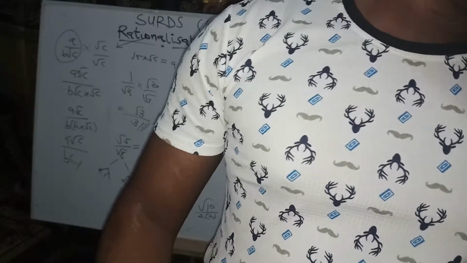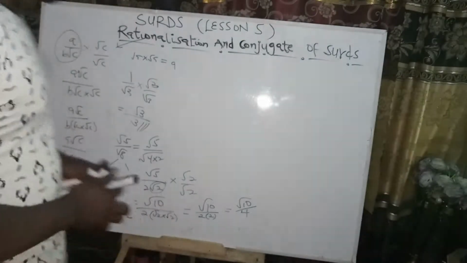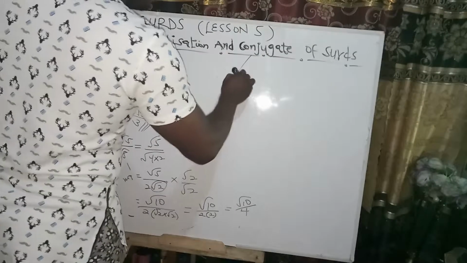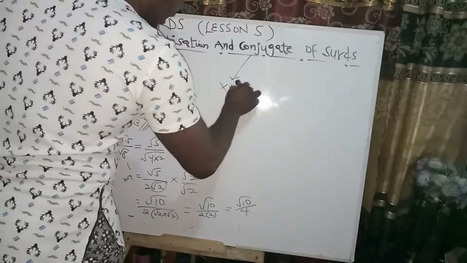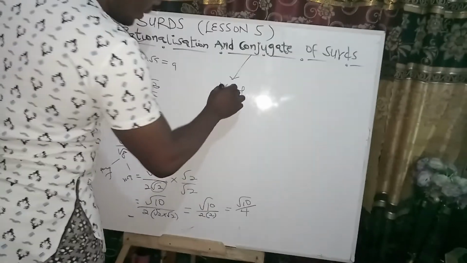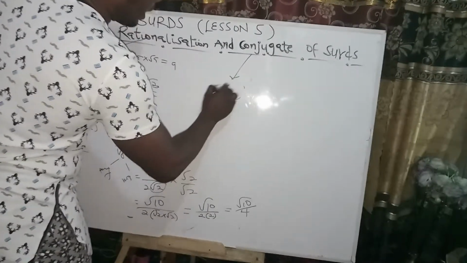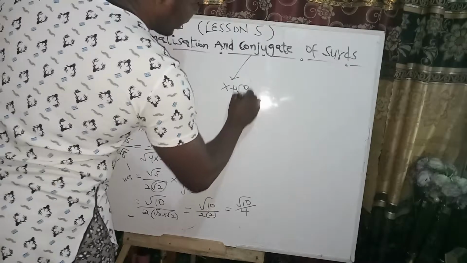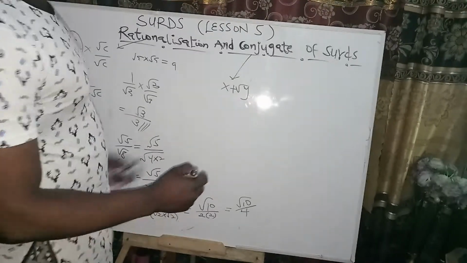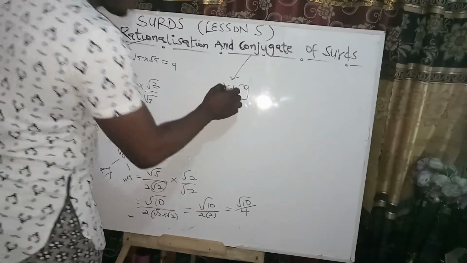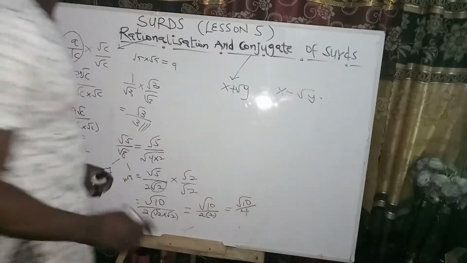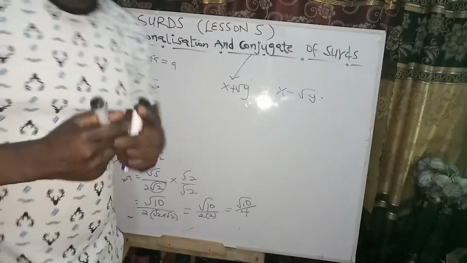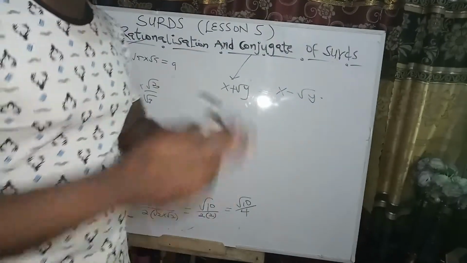So for instance, when I have x plus root y, when they say I should find the conjugate of this, the conjugate is going to be x minus root y. So simple. So changing the sign between 2 terms, that gives you what? The conjugate, simply.